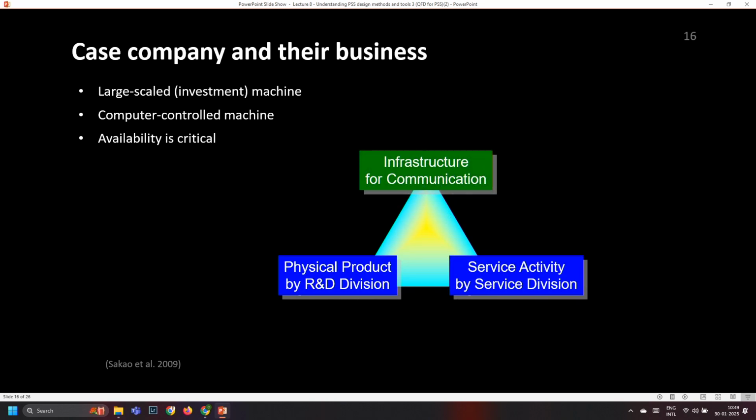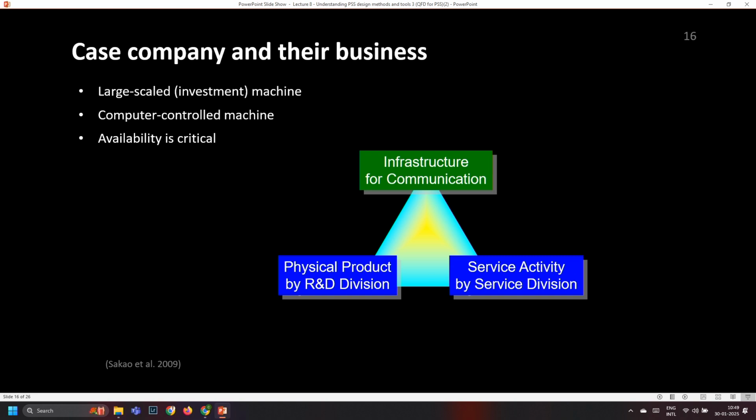And the interesting thing is, at the time of the collaboration, the company had implemented infrastructure for digitization and also communication, information transmission, and also some sort of analysis.